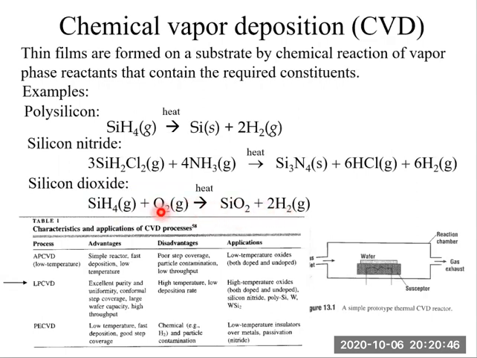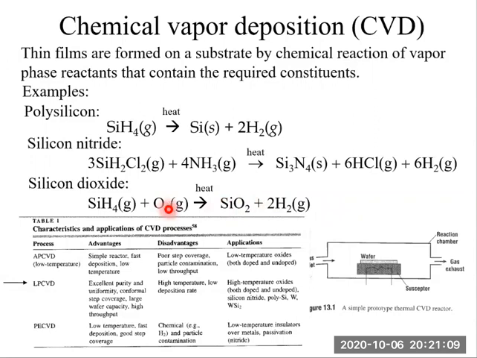So this is a chemical reaction we use to deposit silicon dioxide thin film using CVD. But please know that in CVD, the silicon substrate does not participate in the chemical reaction.